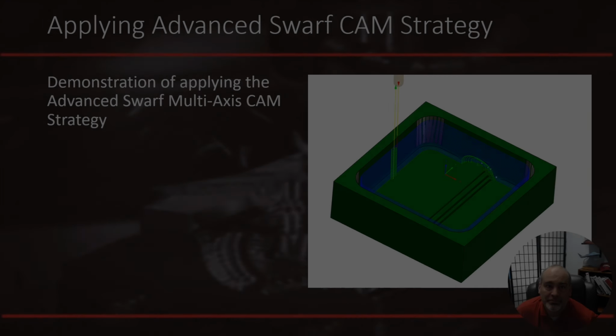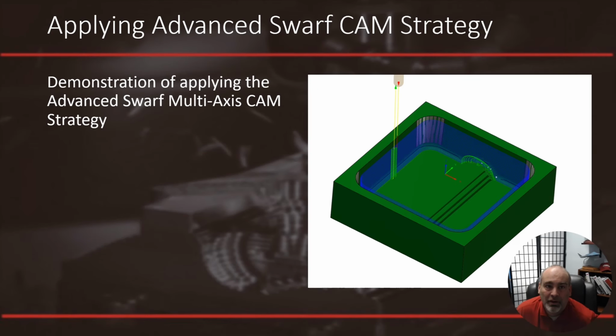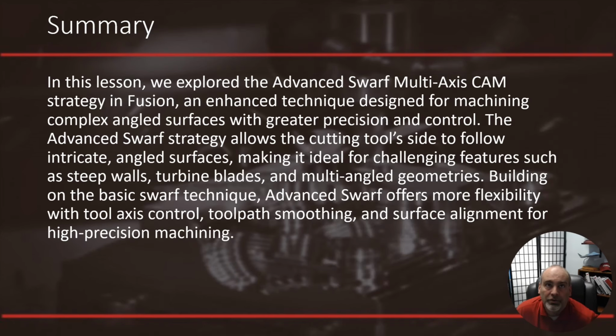Hopefully that demonstration was successful for you, and we will move on to the summary. In summary of this lesson, we explored the Advanced Swarf Multi-Axis CAM strategy in Fusion, an enhanced technique designed for machining complex angled surfaces with greater precision and control.